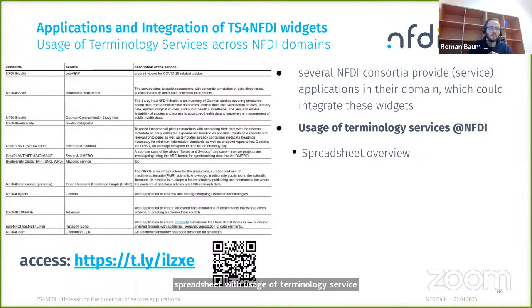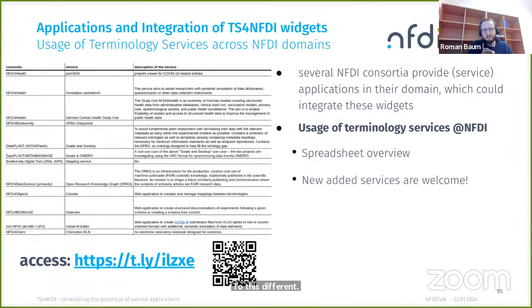That is a spreadsheet overview with, for example, the name of the service, a description of the service, and which kind of widgets or which kind of functionality of the terminology service are wished for or already integrated in these different services. And it's up to you. You're totally welcome to add new services there.